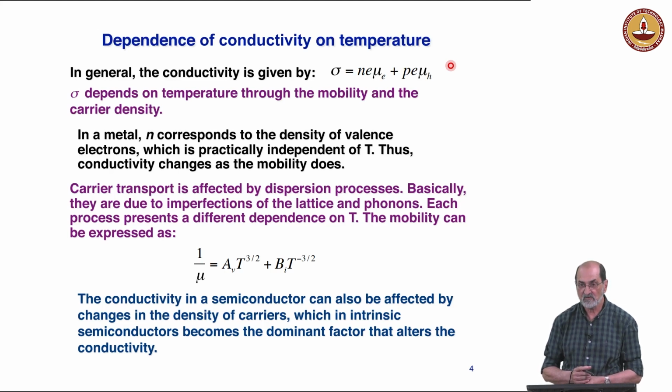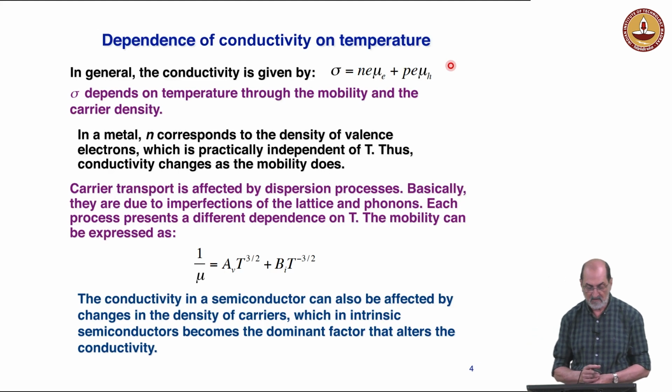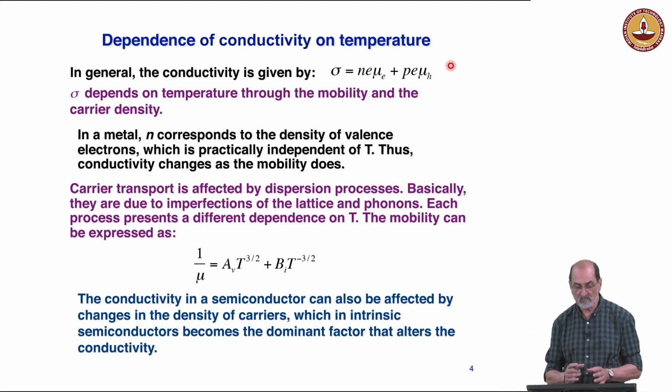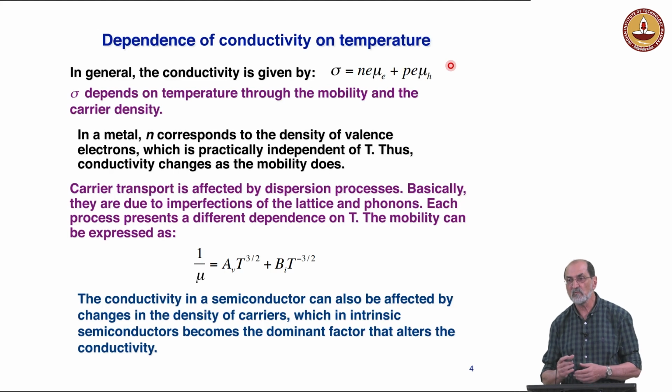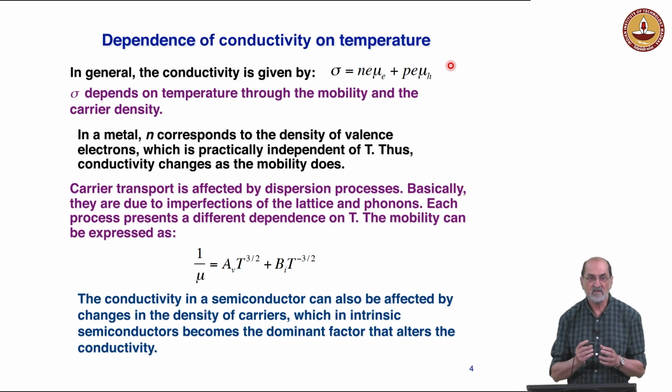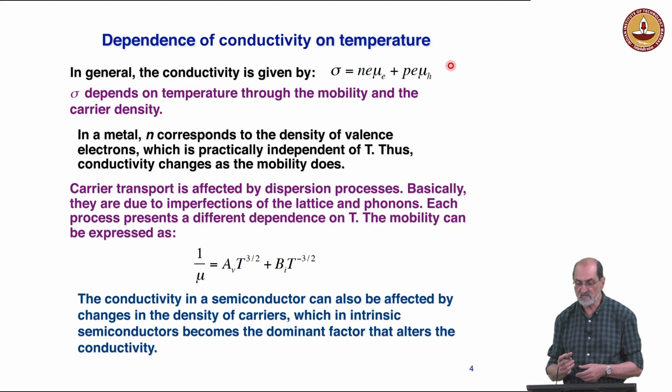The conductivity changes a lot because the density of carriers changes a lot. The other factor is the mobility, which has two terms essentially. One term is related to the temperature itself, because we have more phonons. Having more phonons makes the mean free path of carriers smaller.